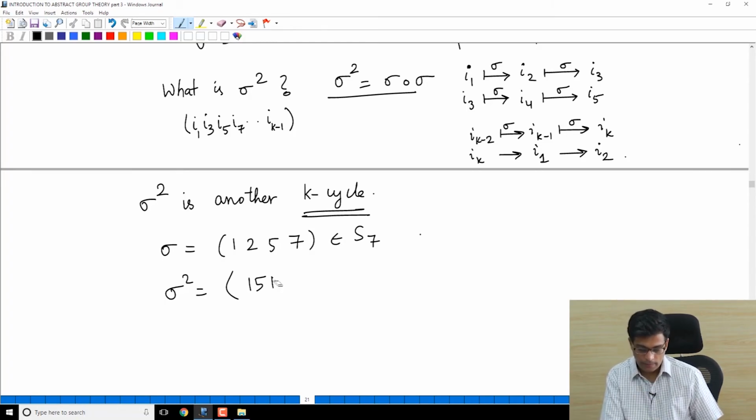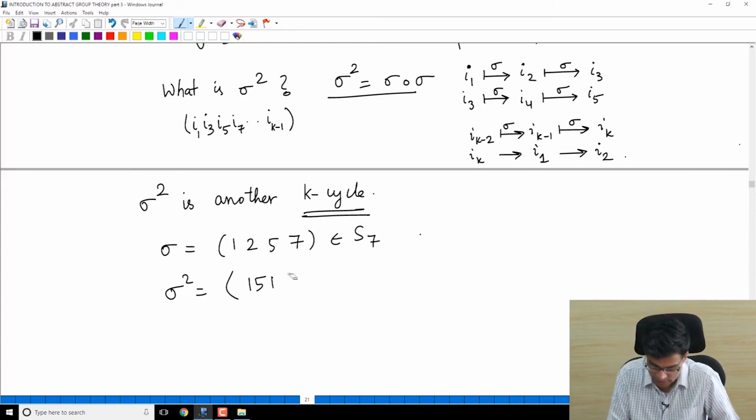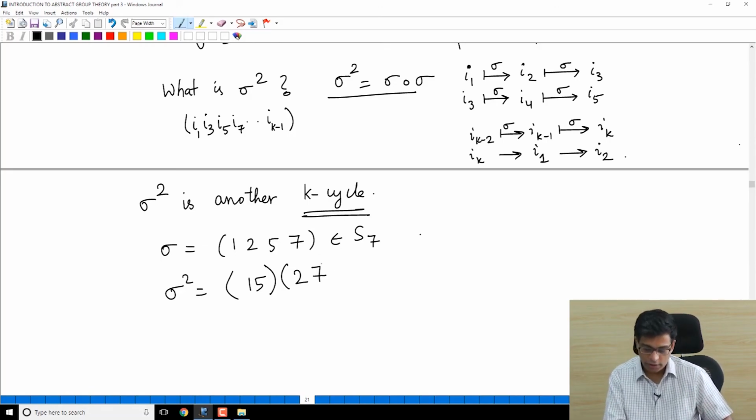So 5 actually goes to 7, sorry, let me redo it: 1 goes to 2, 2 goes to 5, 5 goes to 7, and 7 goes to 1. So 5 goes to 1 under sigma squared? No: 2 goes to 5 and 5 goes to 7, so 2 goes to 7. 7 goes to 1, and 1 goes to 2.